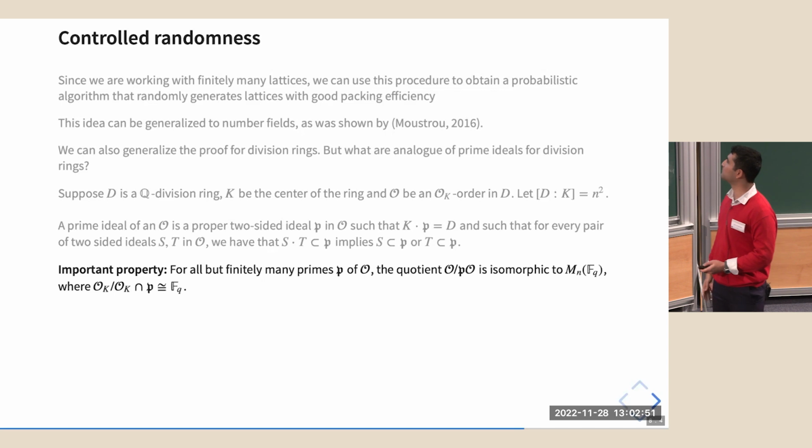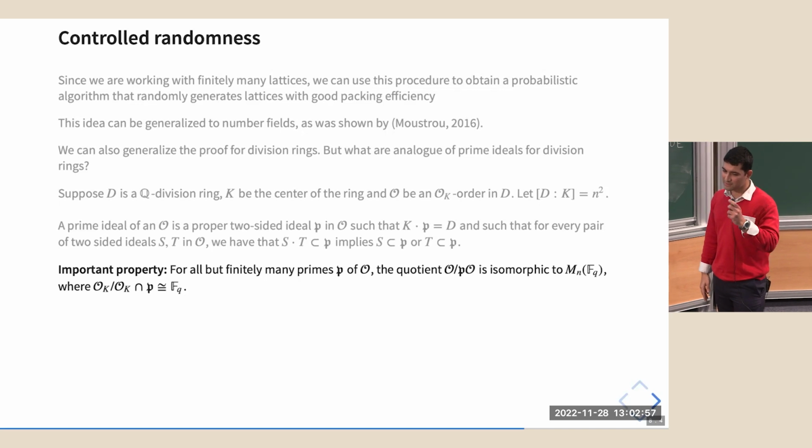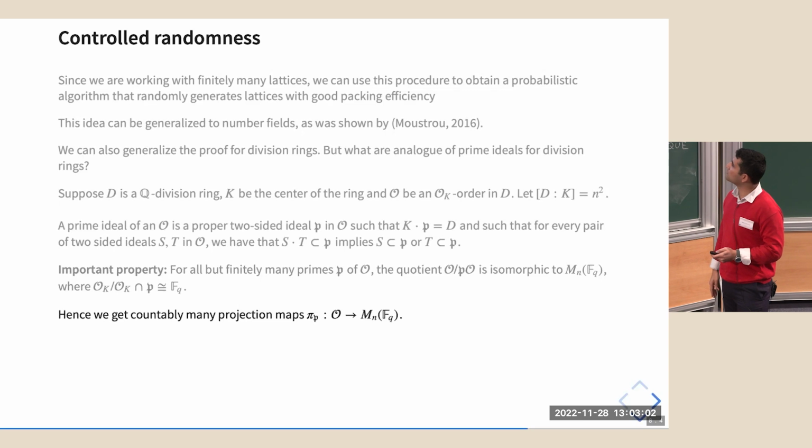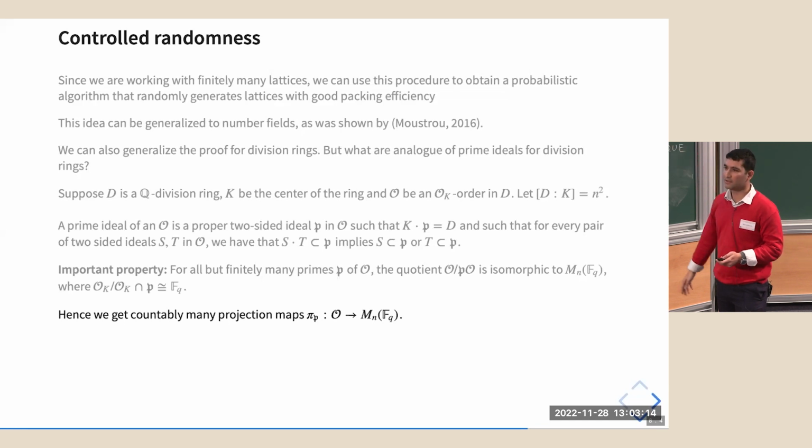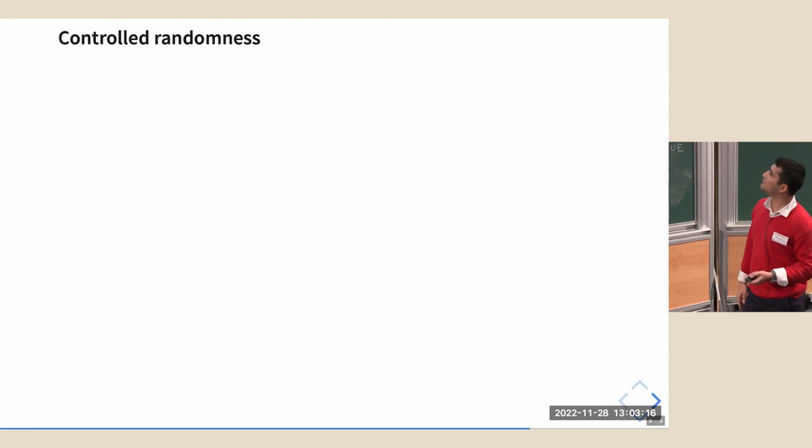But the most important point is, what are the analogues of lines in this setup? What's important is that if you have a prime ideal, and an order inside a division ring, you can project down and generate these matrix rings over finite fields.